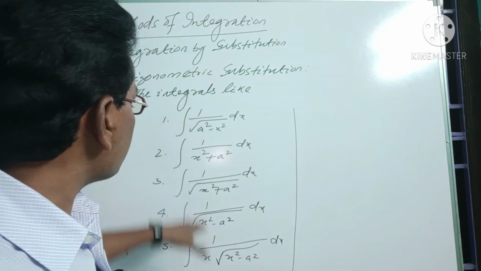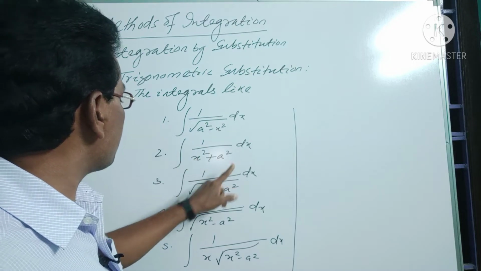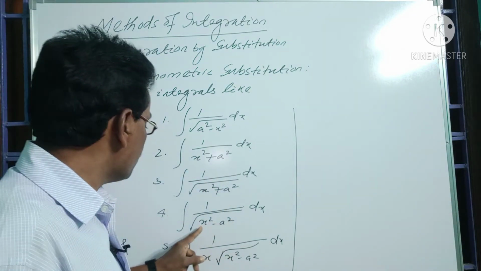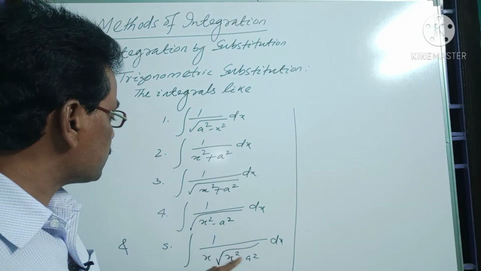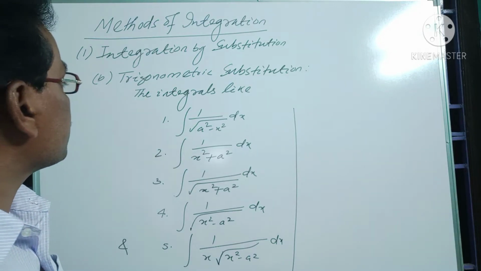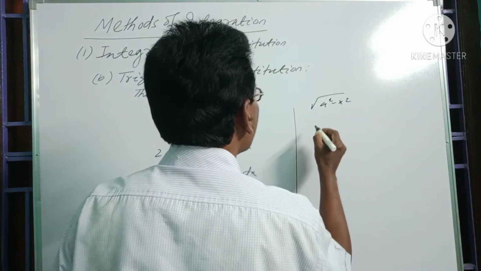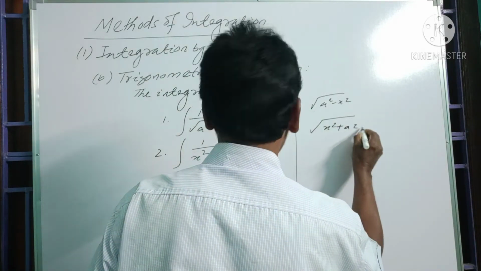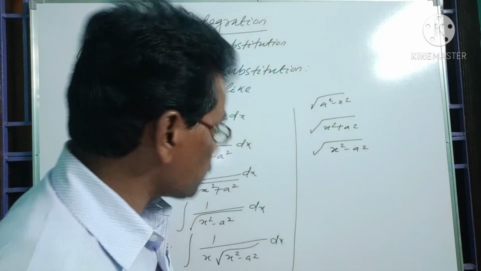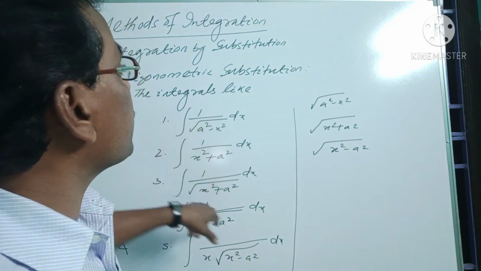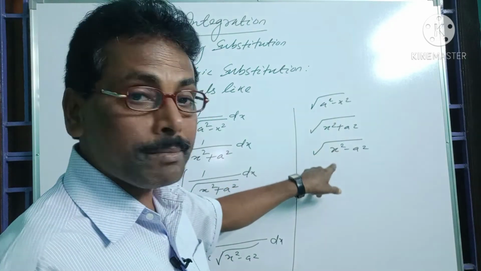So in these integrals, we have the factors like root of a square minus x square, root of x square plus a square, root of a square plus x square, and x into root of x square minus a square. Here see the factors like root over of a square minus x square, then root over of x square plus a square, then root over of x square minus a square.